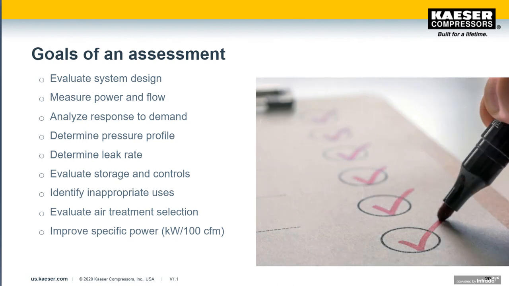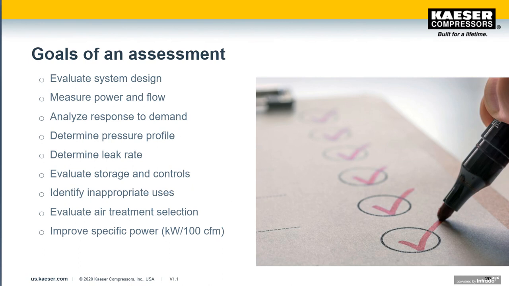Thank you, Neil. And here are goals of an assessment. Pretty long list. So let's start with evaluation of your system design. Measure power and flow along with the pressure profile, as Neil just talked about. Analyze response to demand, meaning the system responses to demand.